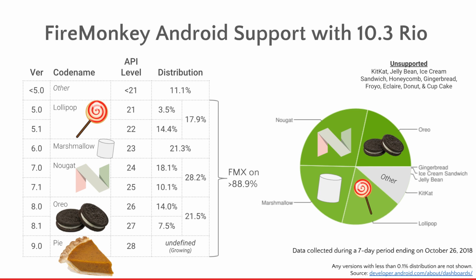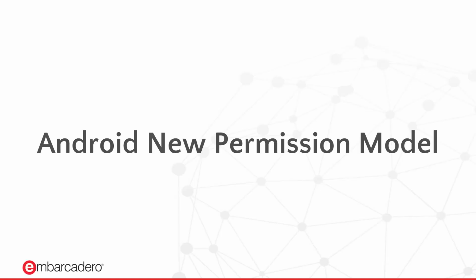So more than 88.9% of active devices are supported by Rio, whereas there are a lot of different types of devices out there that are no longer supported, but nobody's using them or very few people are using them. That's an important differentiation to understand.